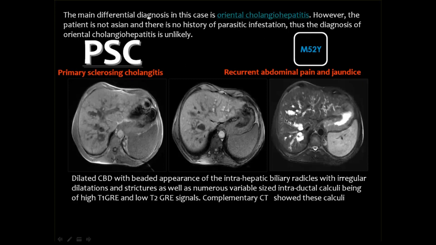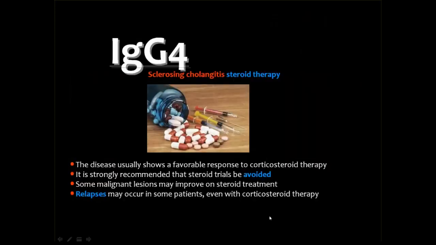Then the differential diagnosis is oriental cholangitis in this case, but the patient, according to the literature, is not Asian, and there is no history of parasitic infestation, and the diagnosis of pyogenic or oriental cholangitis is unlikely. Then you know that about 8% of patients with primary sclerosing cholangitis may develop biliary calculi. This is an important issue to be noticed.